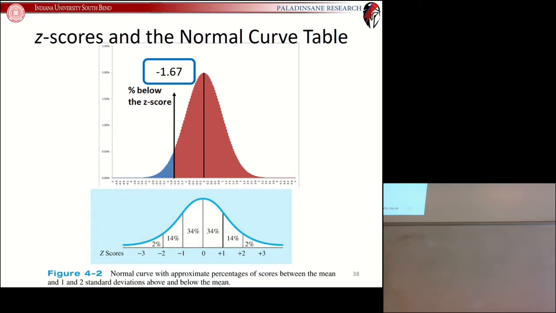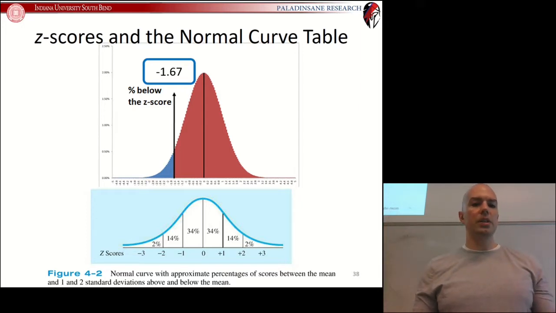You can completely ignore it, because from a z-score of minus 2 on all the way, that's 2% of the distribution. And you can see that it's the same thing on the other side. It's symmetrical. So between 0 and positive 1, 34% of the distribution. Between positive 1 and positive 2, 14% of the distribution. Ignore the plus 3. Between 2 all the way to infinity, that's 2% of your distribution.